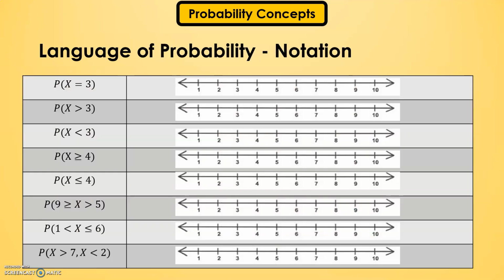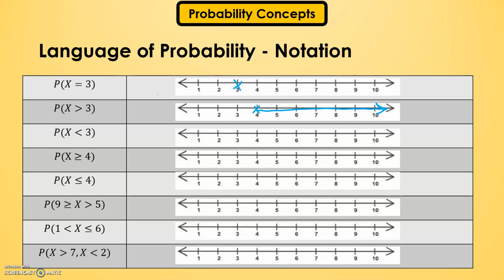So if we take a look at these ones, probability is exactly the same thing, but we're just using the notation. The probability that x is equal to 3, just looking at that specific point there, and that x is greater than 3 is 4 going up.